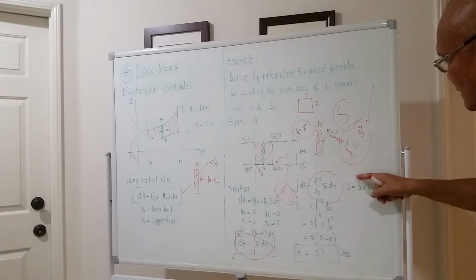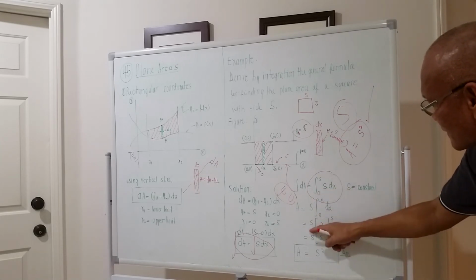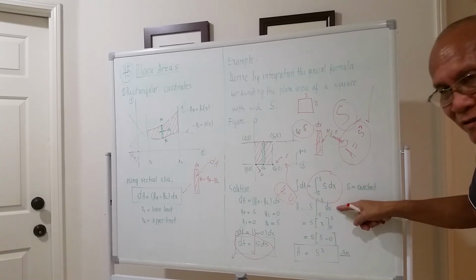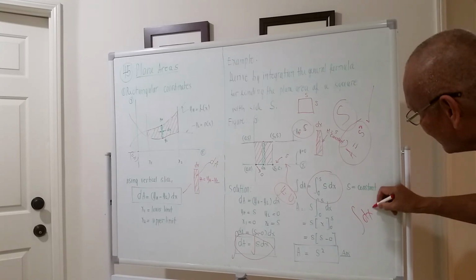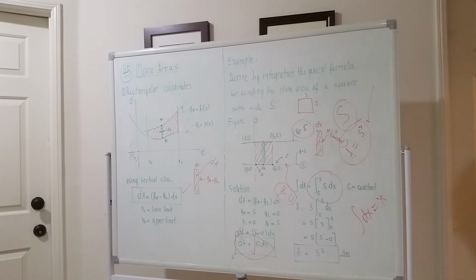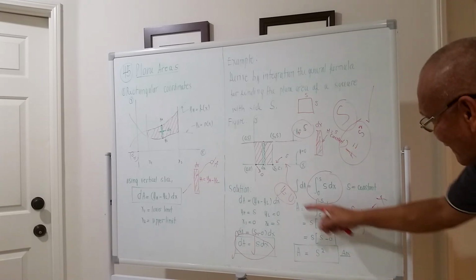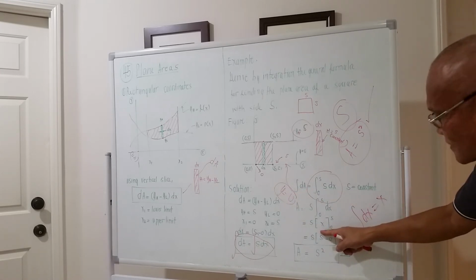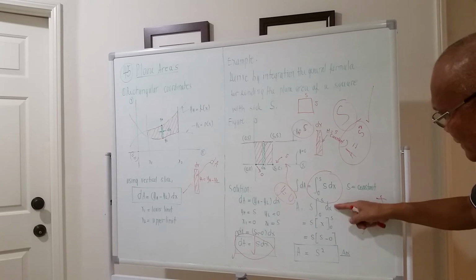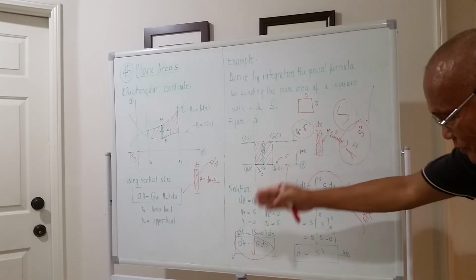S is constant, so we bring it out. So area will be S times the integral from 0 to S of dx. The integral of dx is just x, right? Therefore, area now will be equal to S times x with the limit from 0 to S. We are given the lower limit, we are given the upper limit, just substitute.